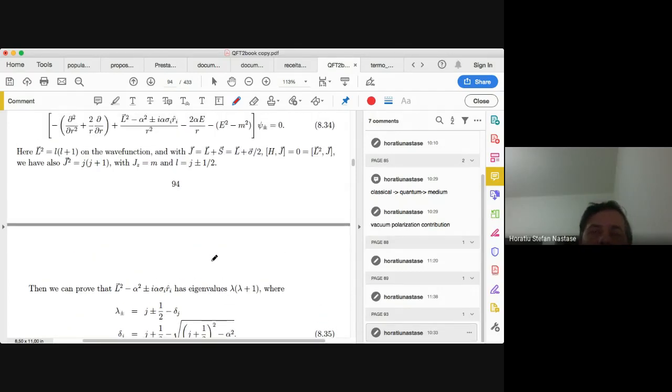That this object has the eigenvalues. So just L squared has the eigenvalue L times L plus 1. But if I consider this one, remember sigma is 2S.